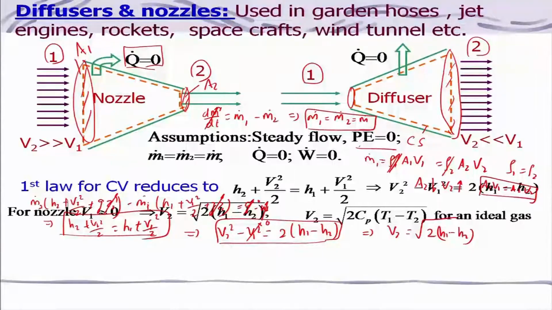And for an ideal gas, we can write V2 is equal to root over 2 Cp (T1 minus T2).